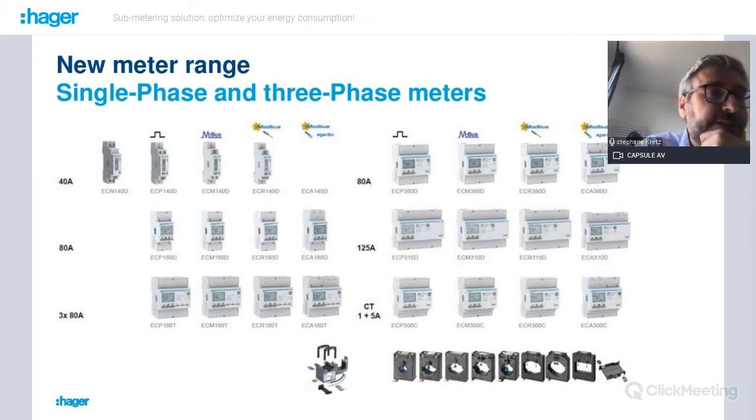So very interesting. So all these meters, single-phase or three-phase, can be Pulse, MBus, Modbus, or a special one. The last column is Modbus for Agardio application. And yeah, it's another topic. Our supervision solution, data logger and web server integrated, is called Agardio Manager.